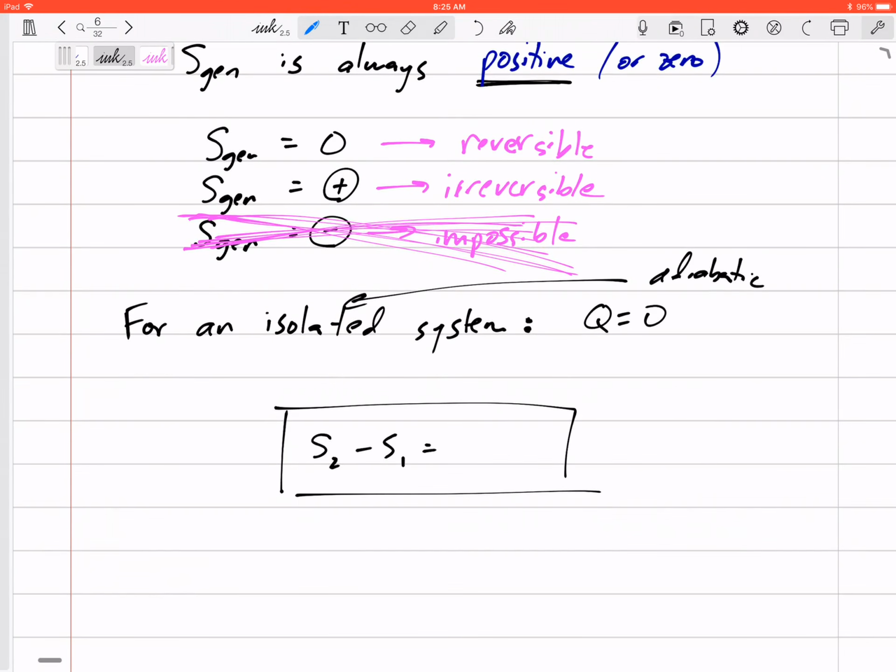And so for an isolated system, S2 minus S1 is S-gen. We already knew that the change in entropy of an isolated system like the universe is always increasing, always positive.